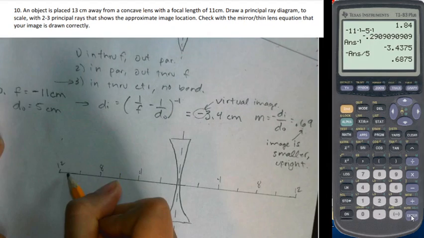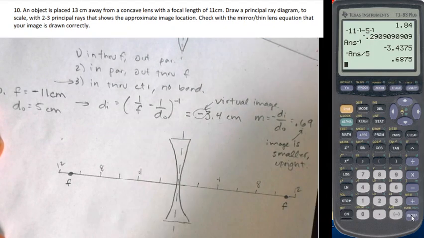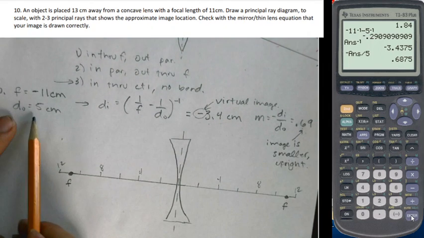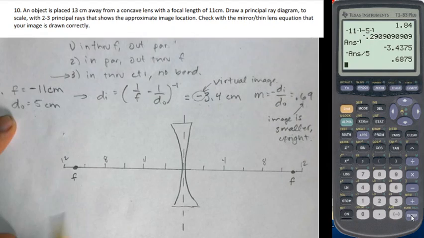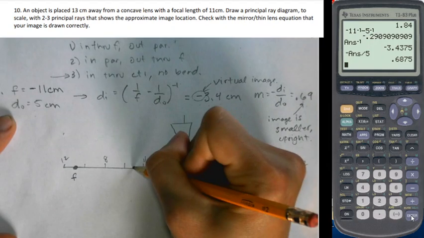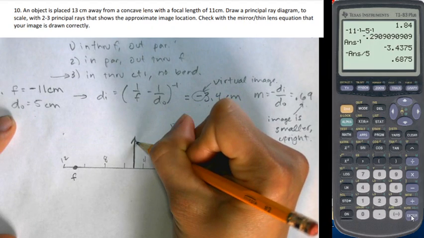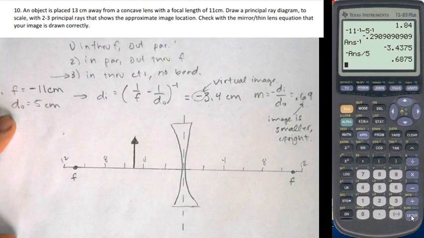And now I'll put in my focal points here and here, and I'll draw my object. I'm going to go ahead and draw my object fairly tall since I know that my image is going to be a little shorter. So my object is here at 5, and I'll draw it pretty tall so that when I get my image arrow, it's not just kind of a tiny, impossible to see thing.